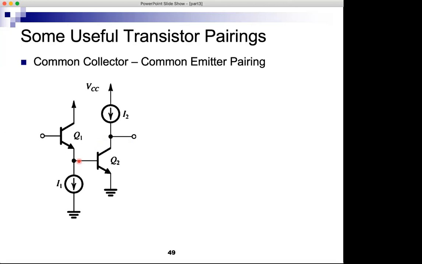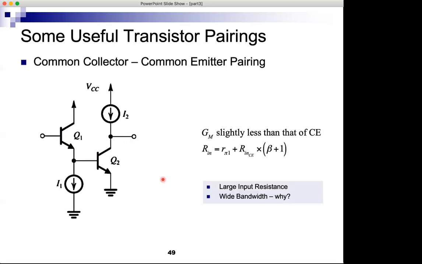In the case of Q1 connected here, Rx becomes very small, and therefore RXY becomes very small. RXY multiplies the capacitor to give us the time constant. So if all of that is small, omega H will be 1 over small and therefore a large bandwidth. So this amplifier has the advantage of a wider bandwidth than the common emitter.